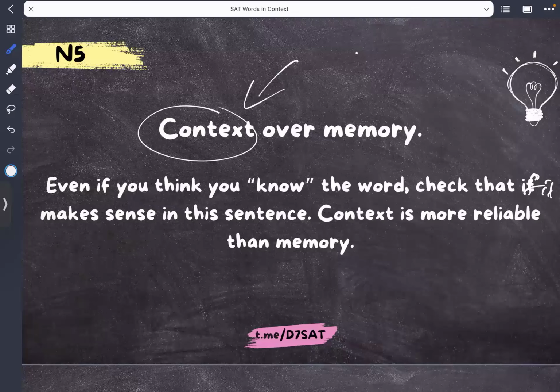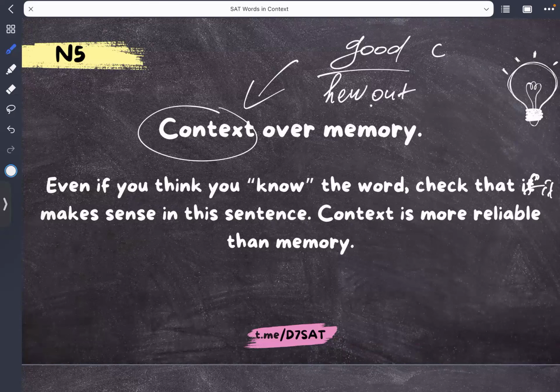For example, if there is a certain word which might mean good, it might not always mean, as you think, a good school or a good student, but some other qualities as well, like maybe certain or desirable. And in one of the past exams, there was a word used, "hew out."